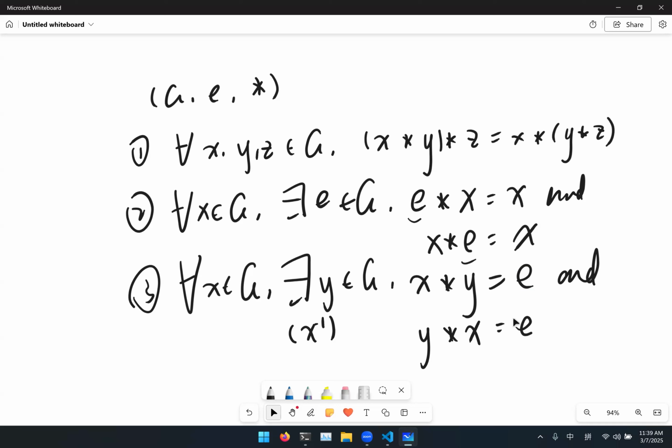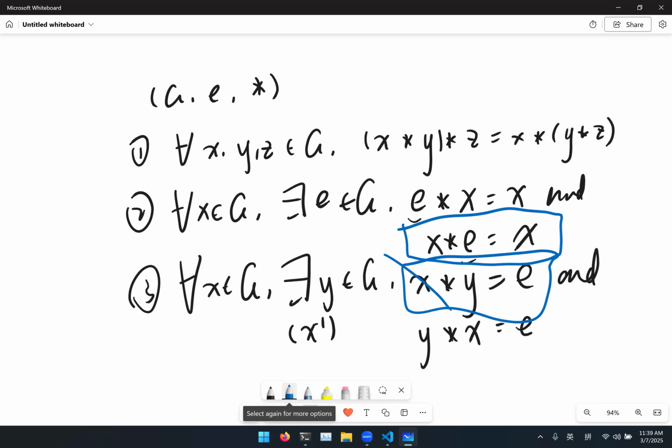It turns out that mathematically, the right identity and the right inverse can be automated, because once you have the left identity, you can derive the right identity, and once you have the left inverse, you can derive the existence of the right inverse. I will say that this is a basic but non-trivial problem.